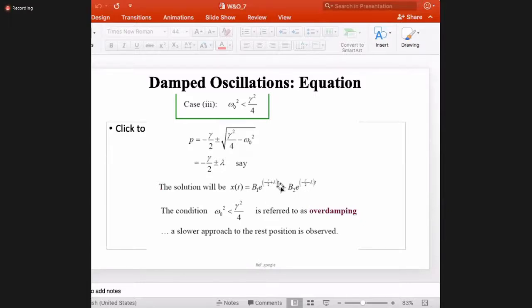If you increase the value of t, then e to the power minus gamma by 2 plus lambda, where gamma by 2 is greater, so this term will be negative. So if you increase the value of t, then the exponential curve will decay, and there is only the exponential term in both parts of this equation.